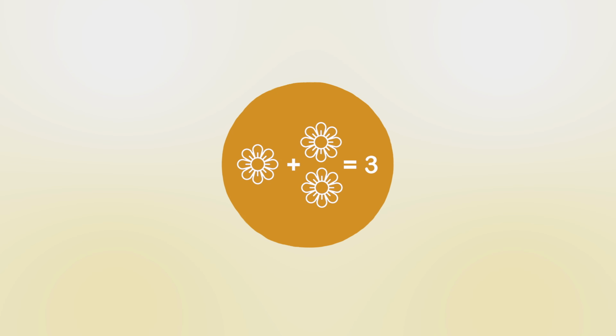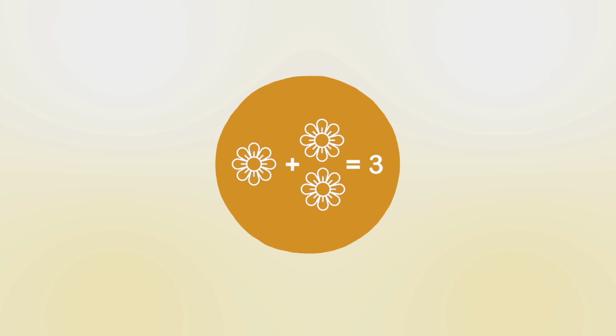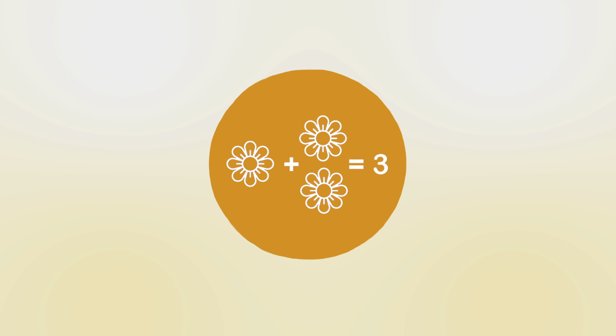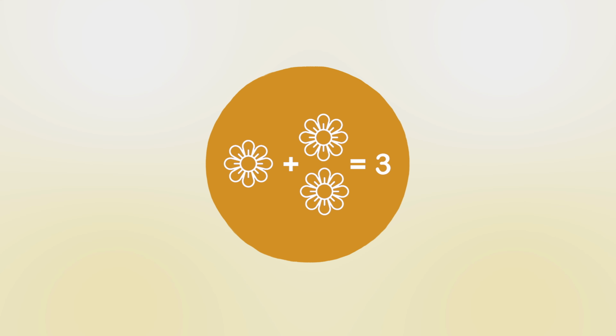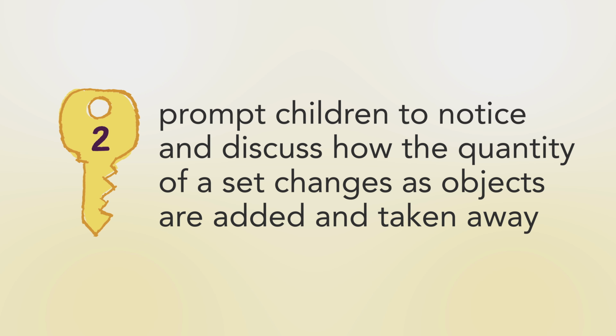Our students, however, need to notice how adding to and taking away change the size of a set, and talking with them about this is the best way to be sure they get the benefit of this experience. For this reason, the second key instructional practice of this module is prompt children to notice and discuss how the quantity of a set changes as objects are added and taken away.